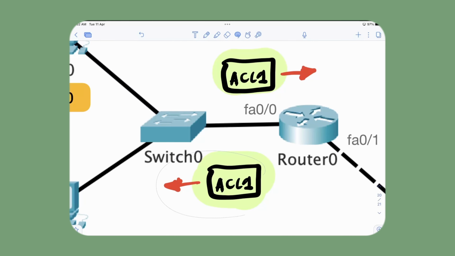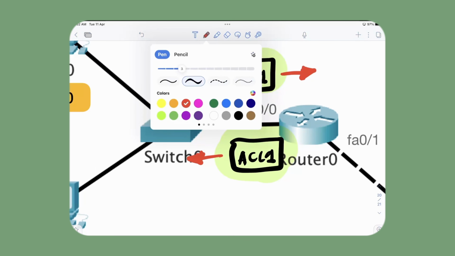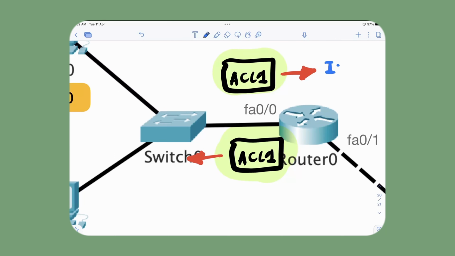Now we have to decide, on this FA00, should we use the in direction or the out direction? This one is called in, because it's going inside the router. This one is called out, because it's coming out from router 0. The in and out, you must make clear first.